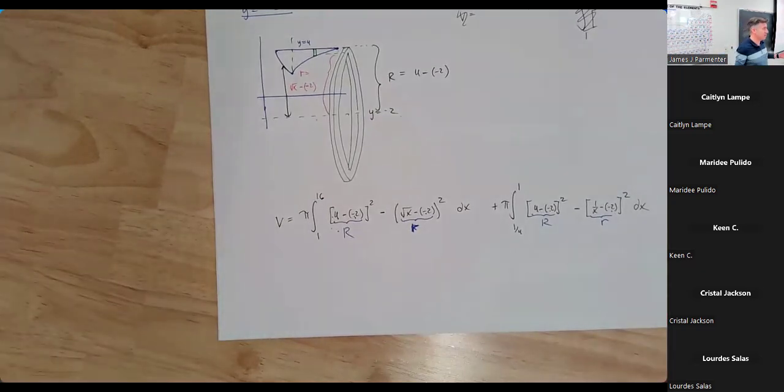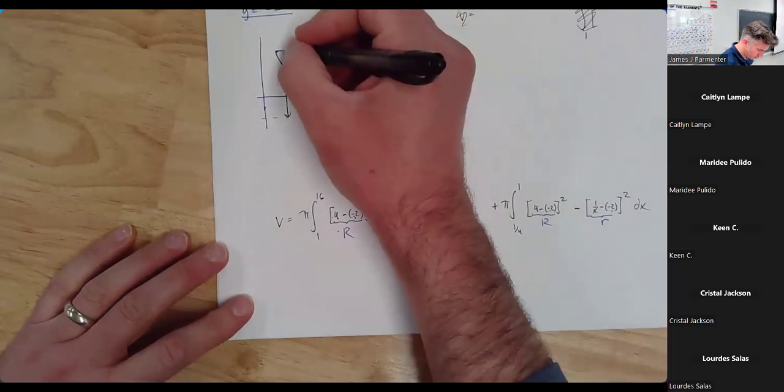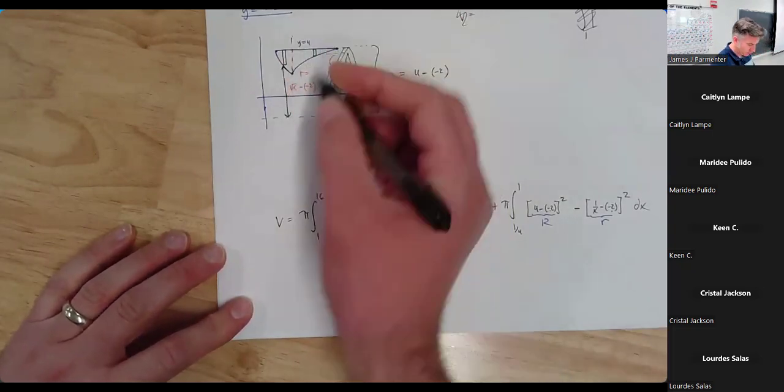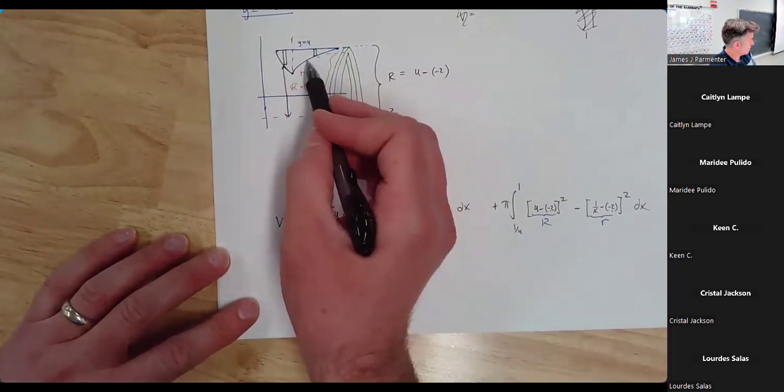Just like in the previous one, I was talking about how you could think of the radius as being your function minus 0. We just don't write them. And then you split up. This one's being split up because if I draw a vertical strip, depending on where I draw the vertical strip, the bottom function changes.